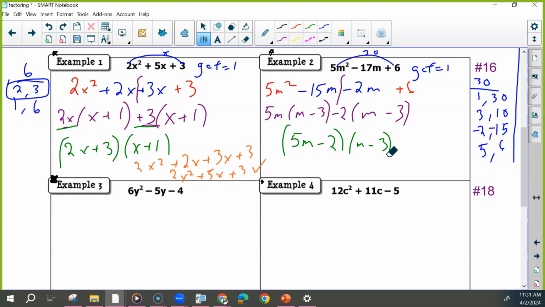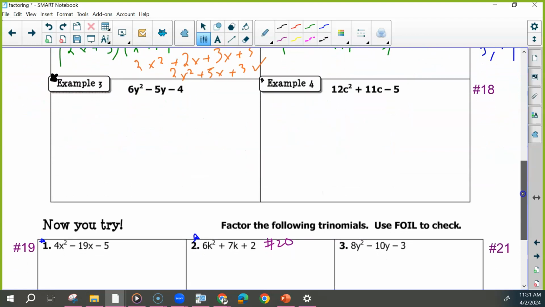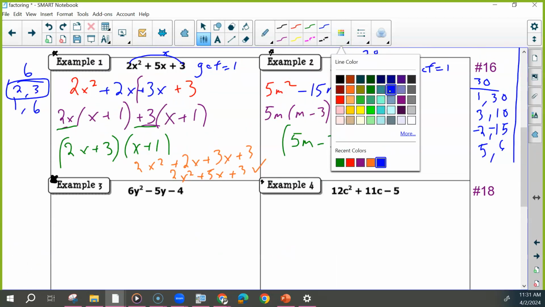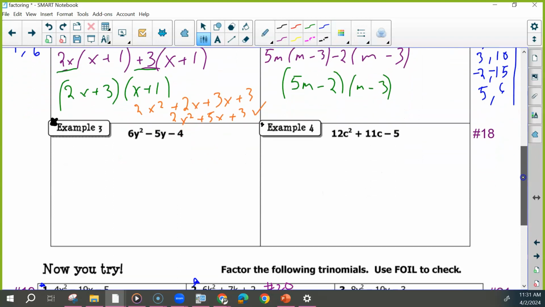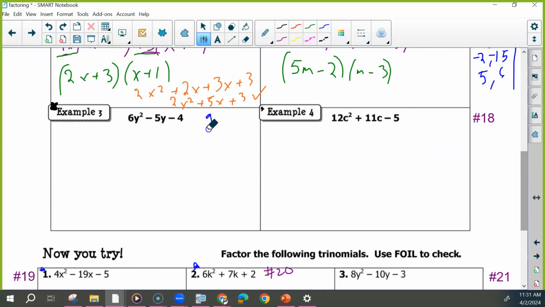All right, let's do example 3. Does that have a GCF? No, other than 1. Could I divide this 5 by 2? No. So then multiply 6 and negative 4.